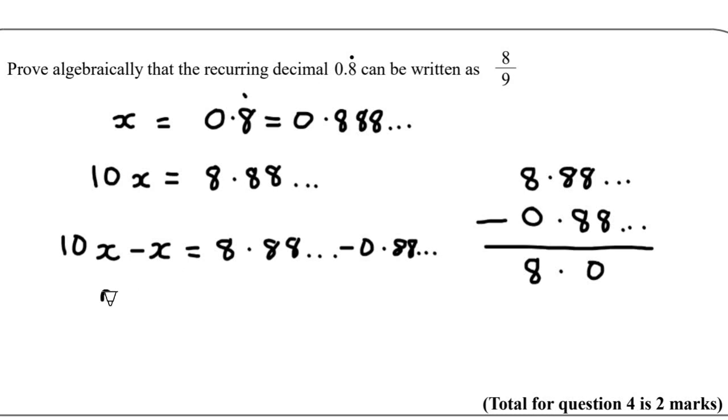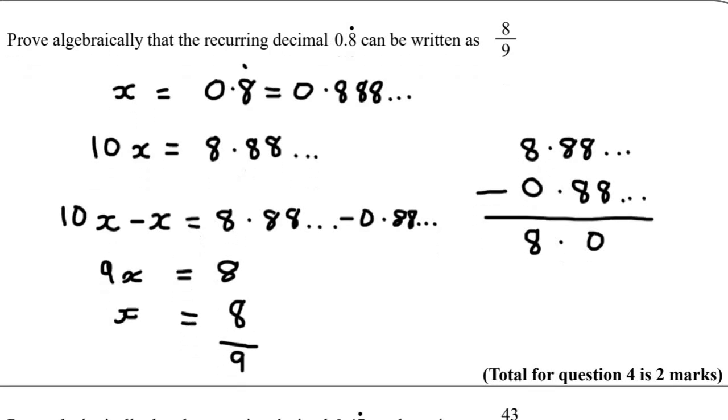So you get 9x equals 8. And if you divide both sides by 9, your x is 8/9. So that shows that the original recurring decimal is actually 8/9.